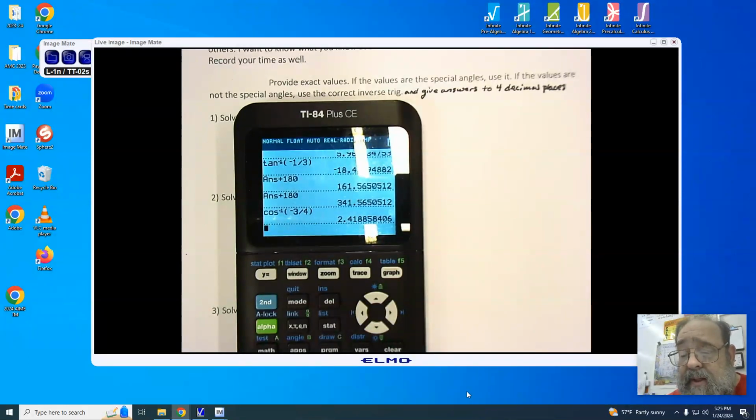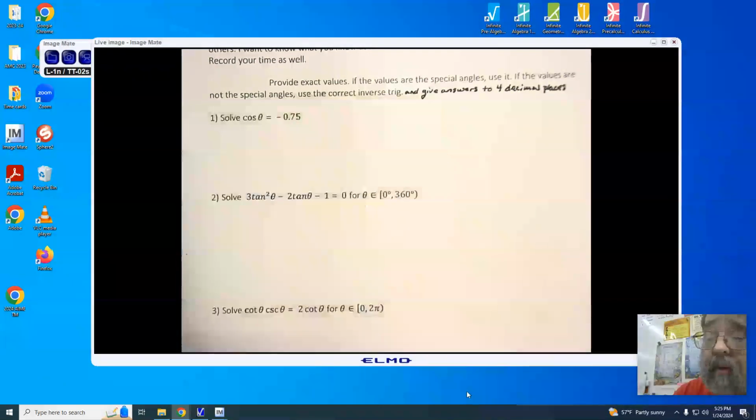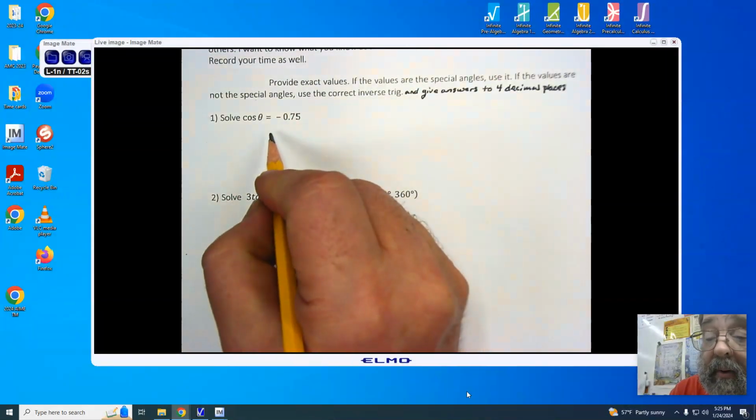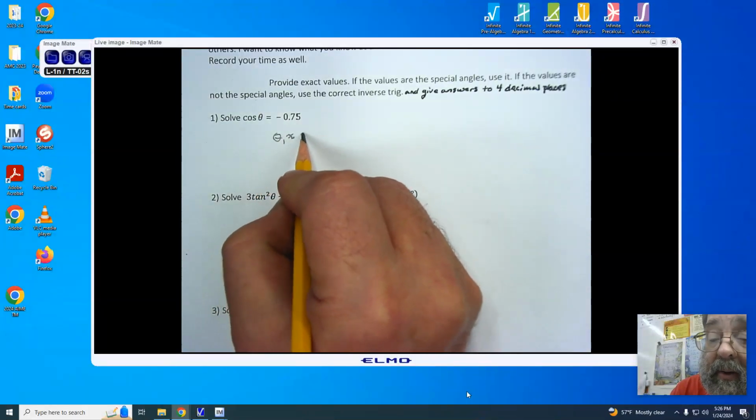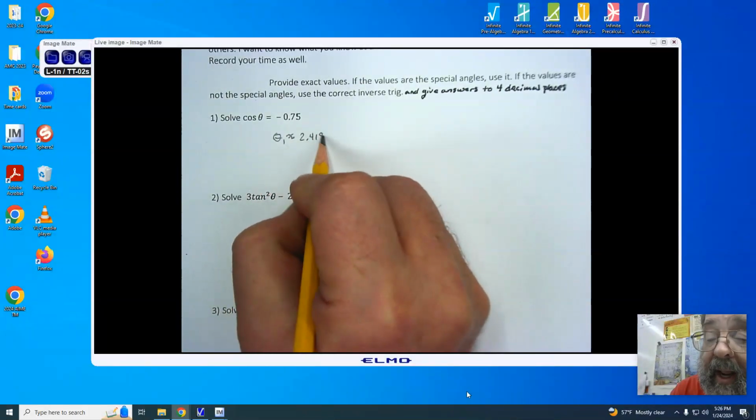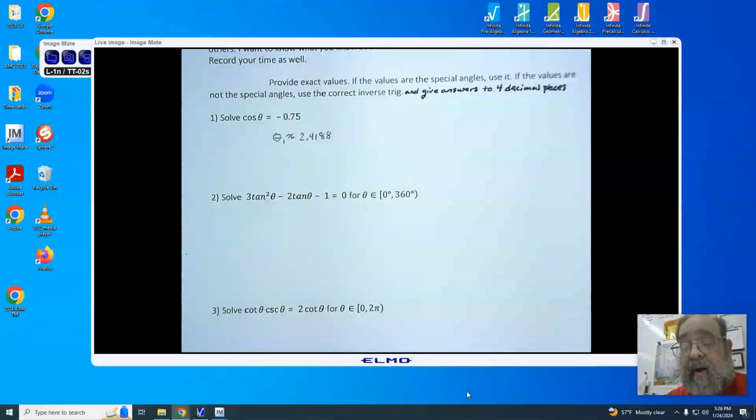Notice that this is indeed within that parameter between 1.57 and less than 3.14. So our first answer, as we're going to write it in radian mode, is theta 1 is approximately 2.4188, and I have truncated my value.